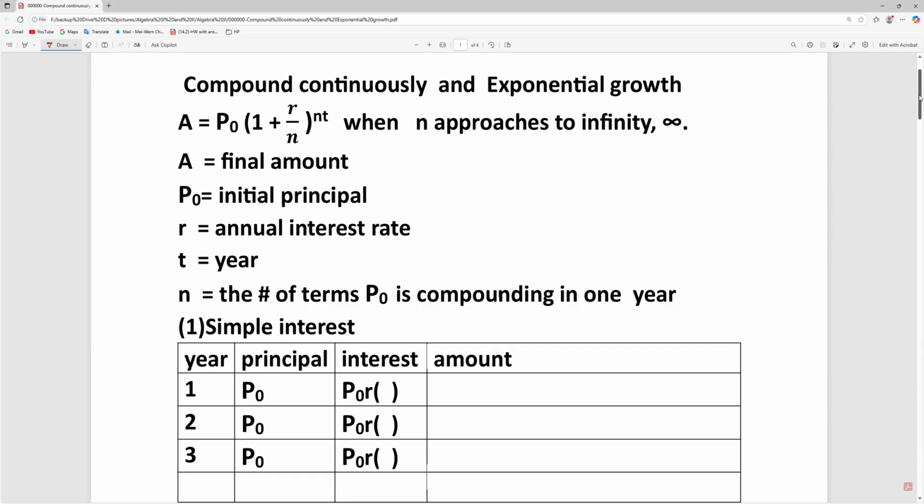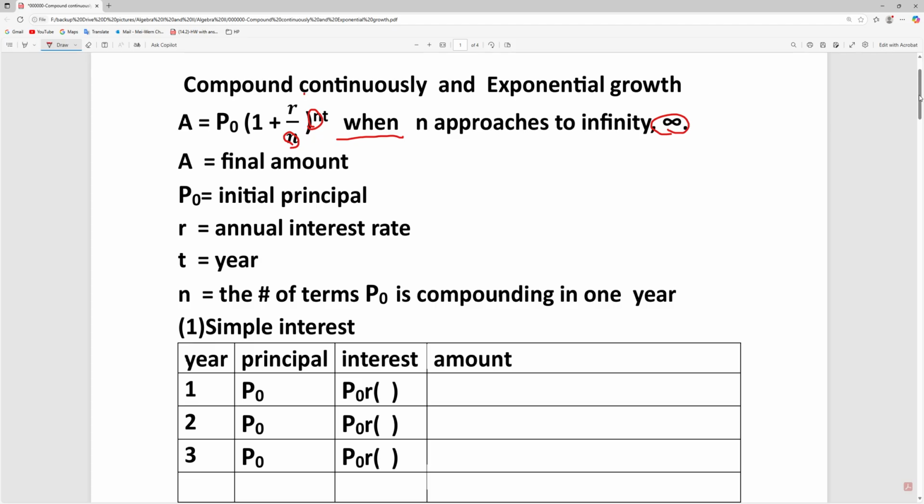So today I will show you when the formula n approaches infinity, then the formula will be different, but still based on the formula we are going to deduct.